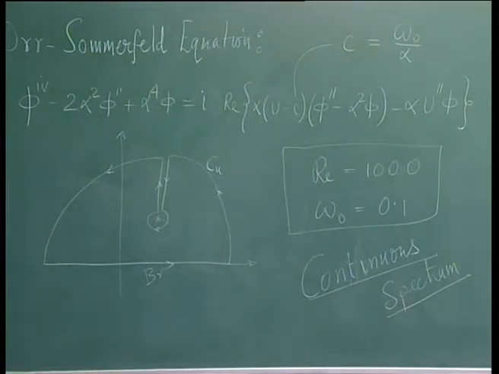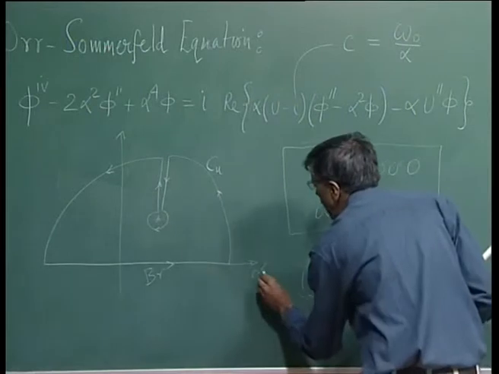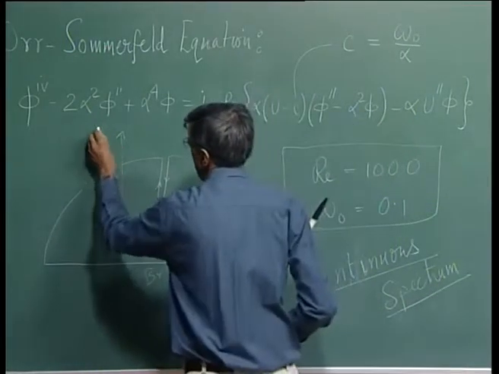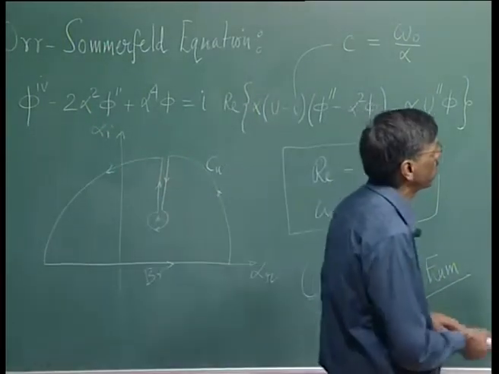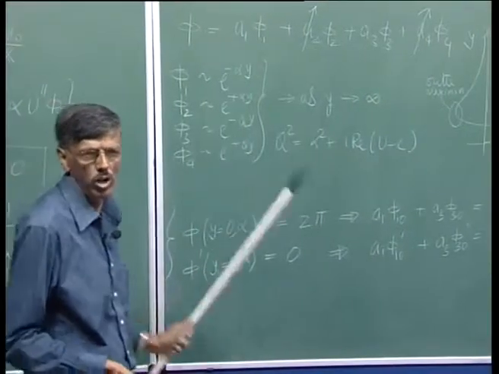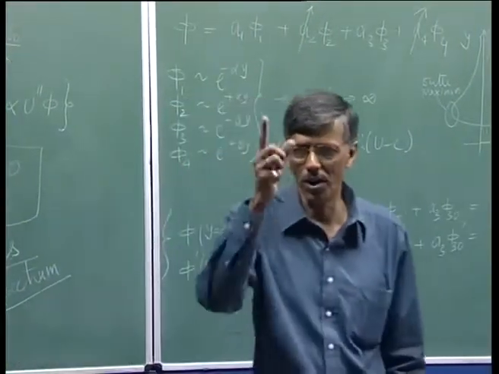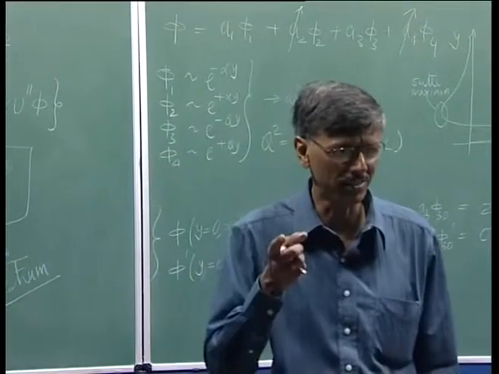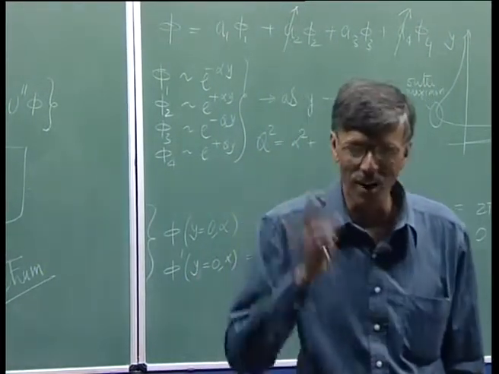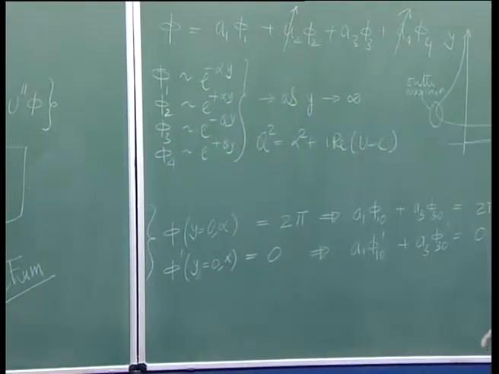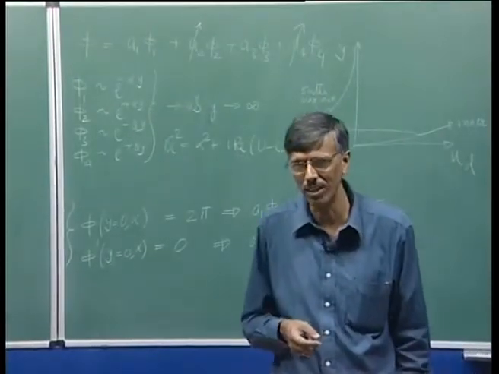Well, for example, if I am plotting in the alpha r, alpha i plane, you see all these concepts hold good if we are not along the imaginary axis. If we are along the imaginary axis, then can we say A2 and A4 go to 0? We cannot say that.